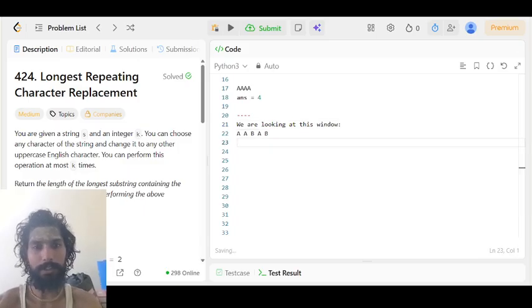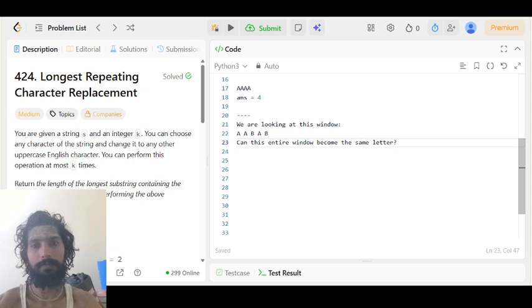Now ask a question: can this entire window become the same letter? Suppose we want everything to become A. How many replacements are required? There are 3 A's and 2 B's. Only the B's need replacements. So the replacements needed are 2.